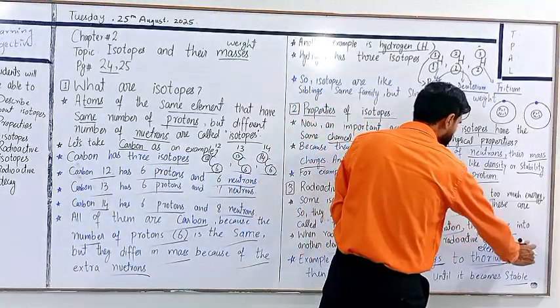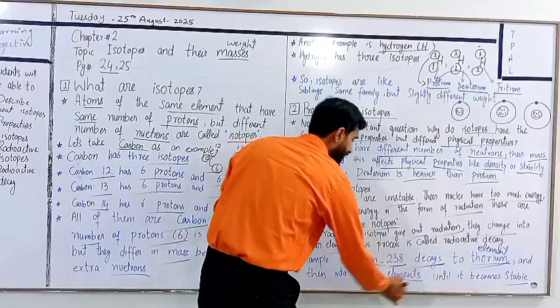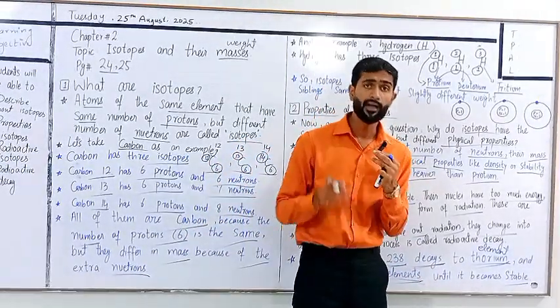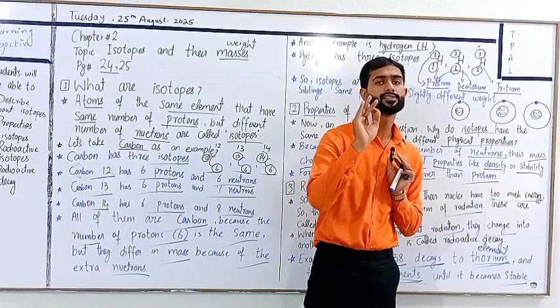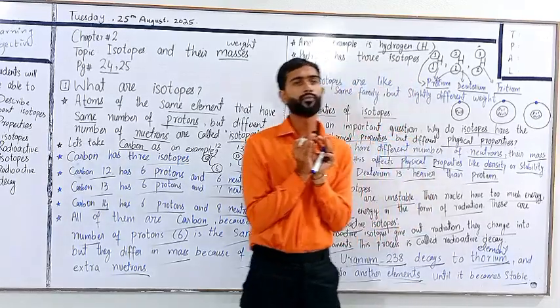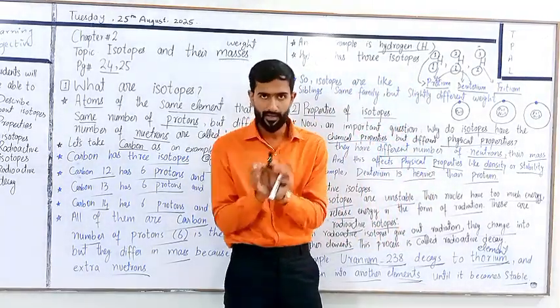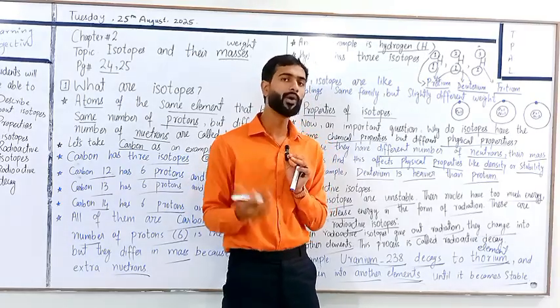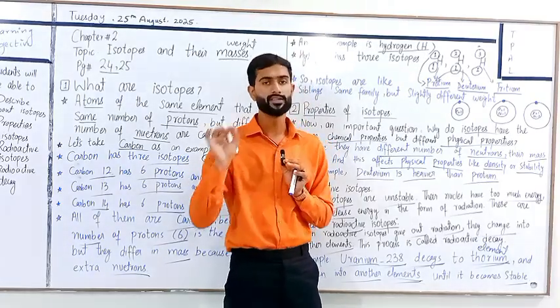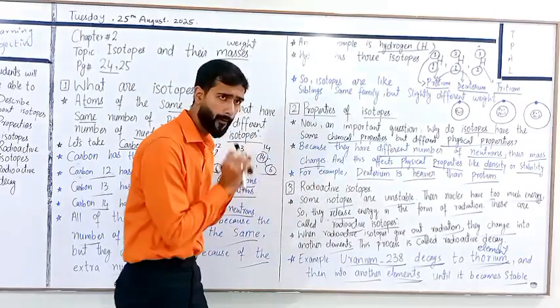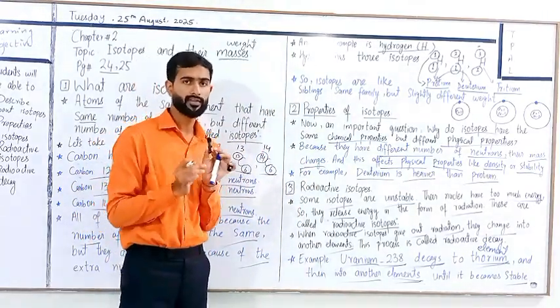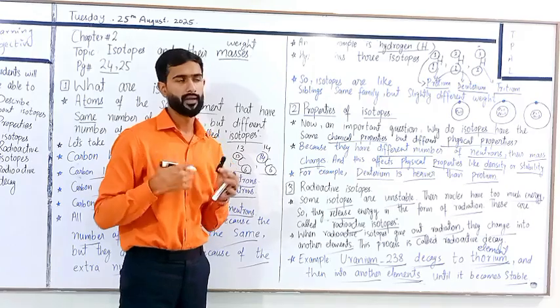And thorium breaks down into another element, until it becomes stable. So radioactive elements break down and convert into new elements until they become stable. This phenomenon is known as radioactive decay.